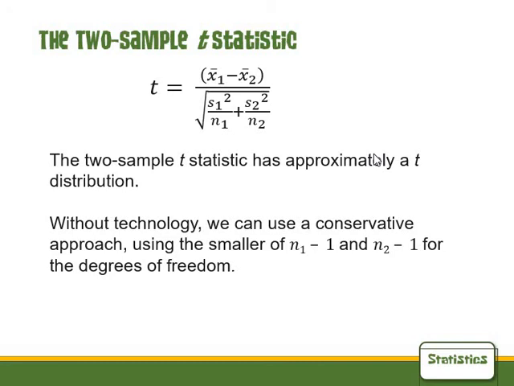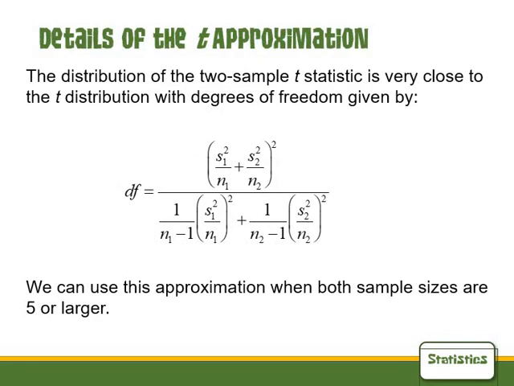Remember, for the one sample t-test, your degrees of freedom is n minus 1. Here you have two samples. You could do n minus 1 for both of them and then take the smaller. That would be the conservative approach. A much more accurate approach would be to use software to compute this monster of a formula we see here. You can do it by hand, but software can do it very quickly.